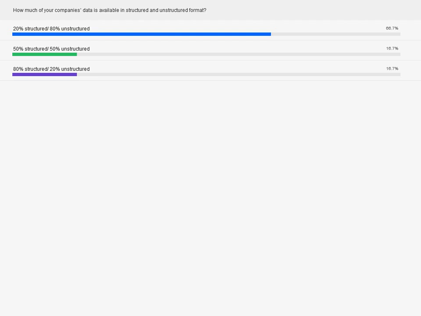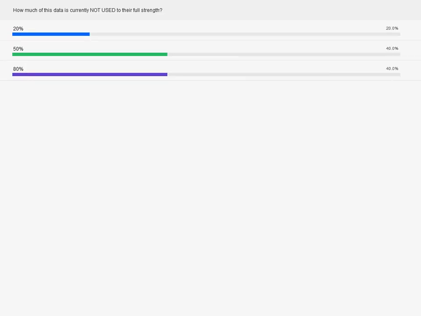So the results of our second poll question here is how much of your data is currently not used in their full strength. And I think that the results shown here show that people are aware of the fact that most of the data is not used in their full strength currently. And I think that this is because of two reasons.